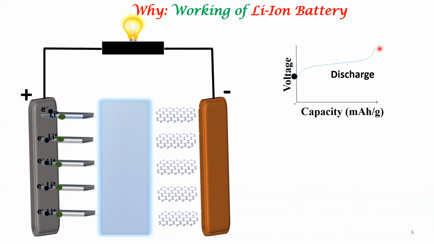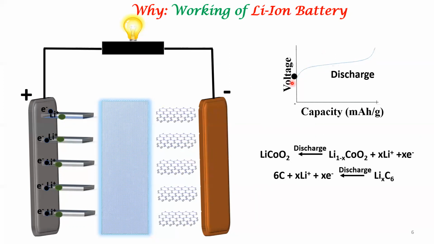So as the battery gets discharged, the voltage decreases. For example, one of the cathode structures can be lithium cobalt oxide.